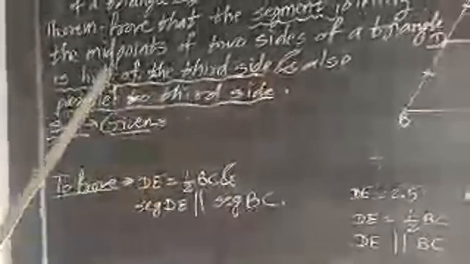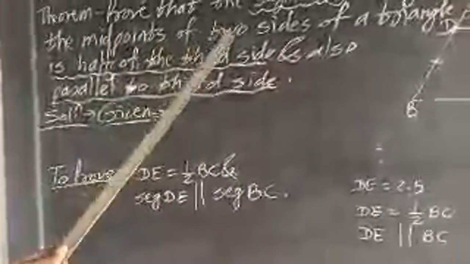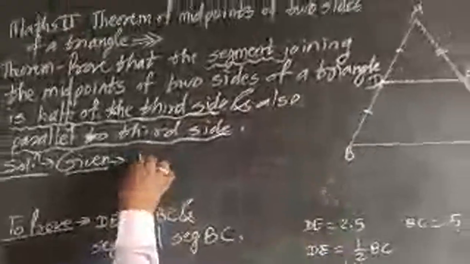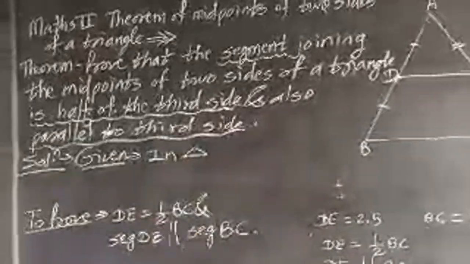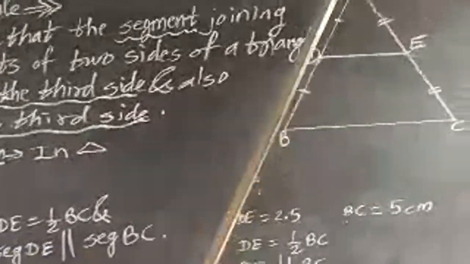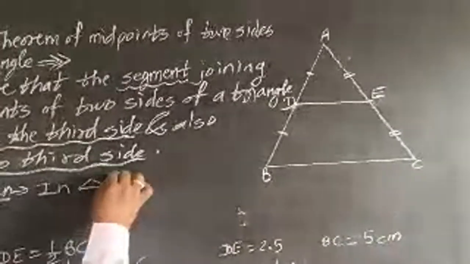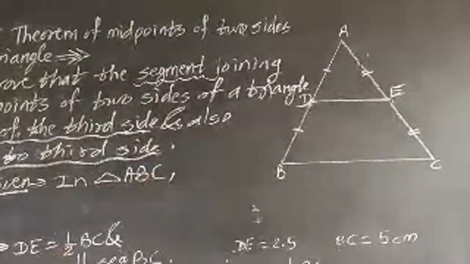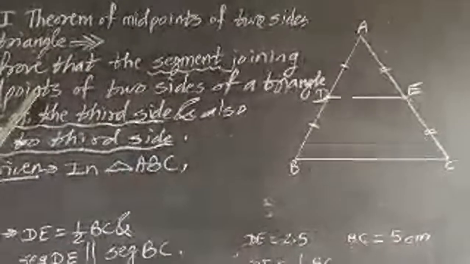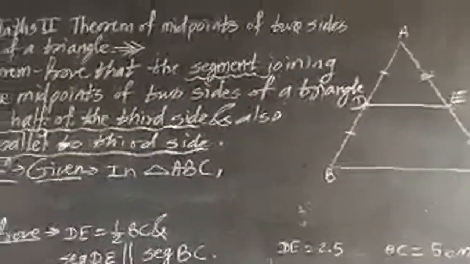Which are the midpoints and of which sides? Of a triangle. In triangle, the name of the triangle. In triangle ABC, good. Tell the midpoints of which sides?